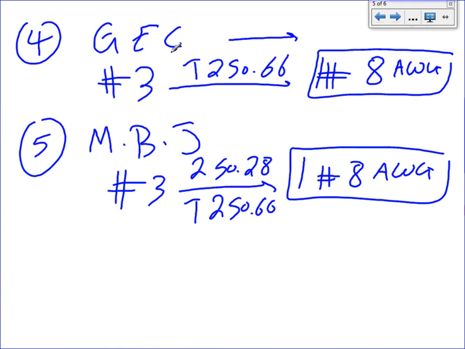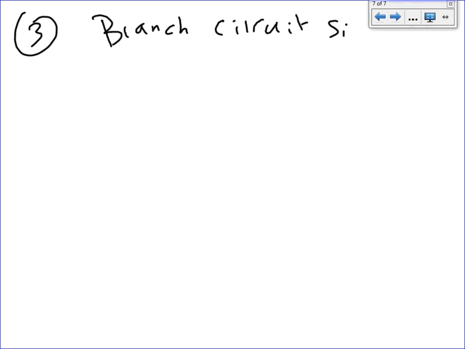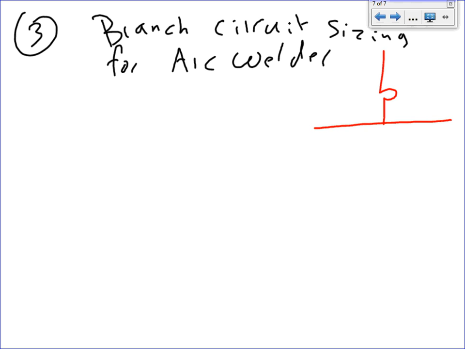All right. Okay, so this would be number 3, branch circuit sizing for arc welder. When I do branch circuit sizing for arc welder, I just want to draw the attention a little bit to the panel that we just sized, guys.